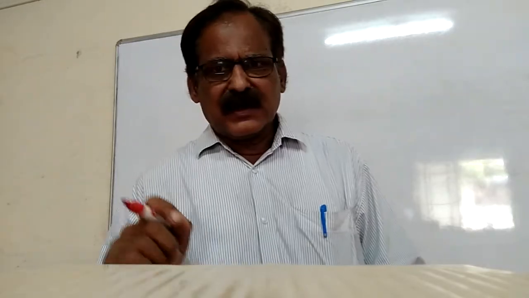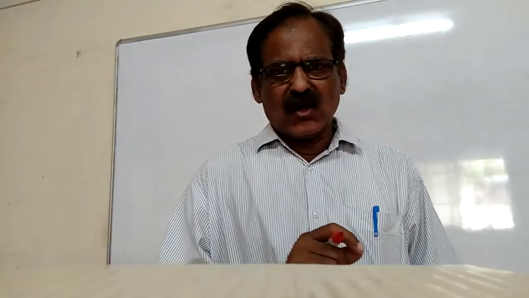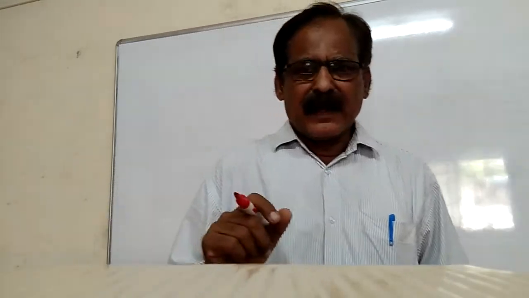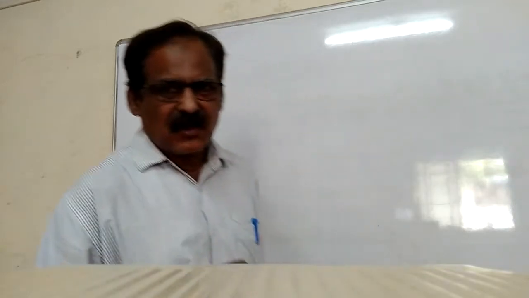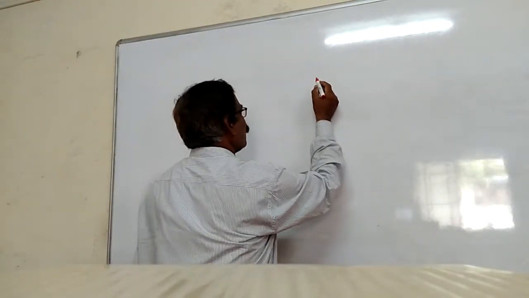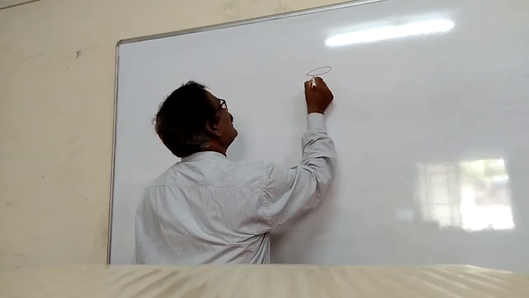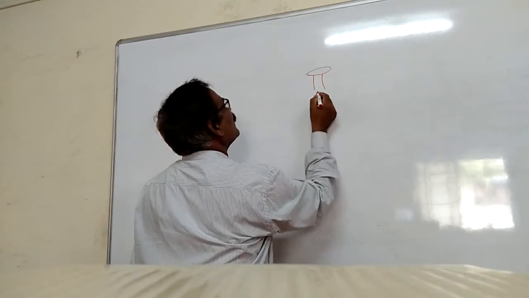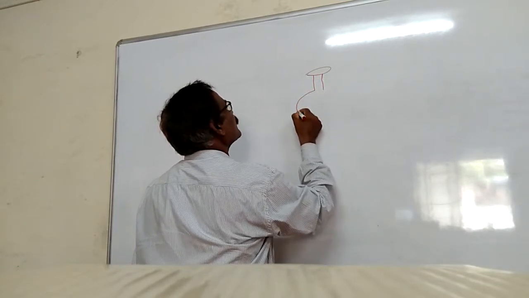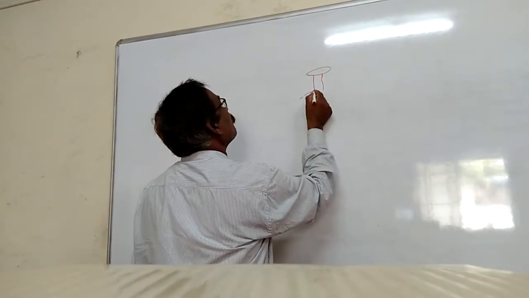So let us show the various equilibria existing in this case with the help of one simple diagram with which we can very easily derive the modified Nernst distribution law.